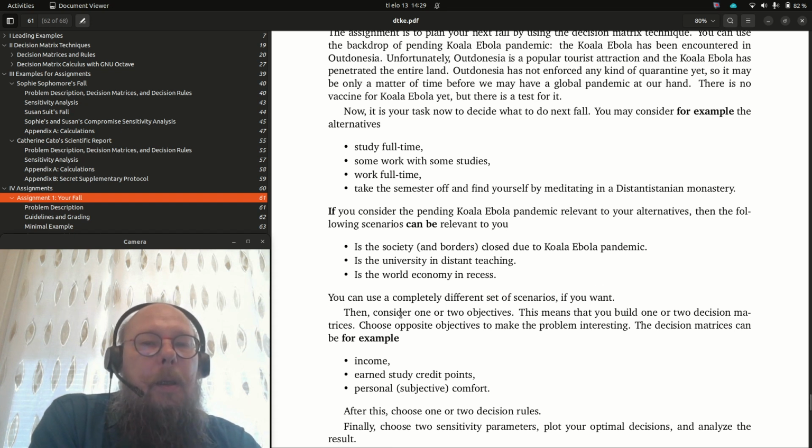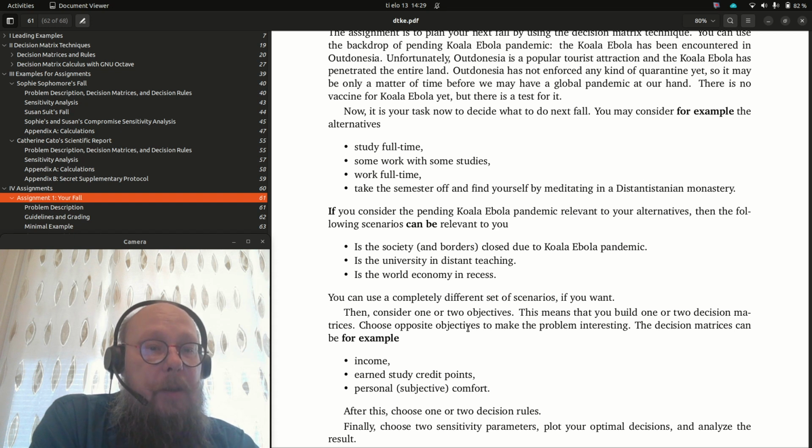Then take 1 or 2 objectives. This means that you build 1 or 2 decision matrices. Take time in building the matrices so that the numbers are reasonable. I also strongly suggest choosing opposite objectives. This makes the problem interesting.